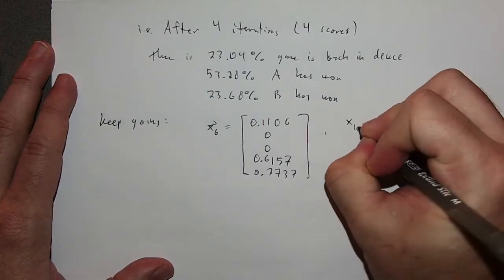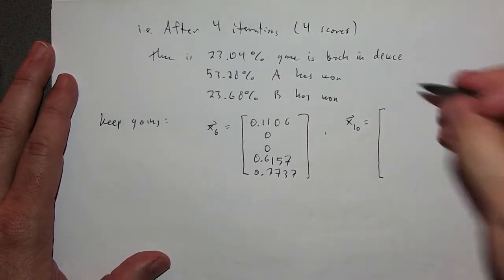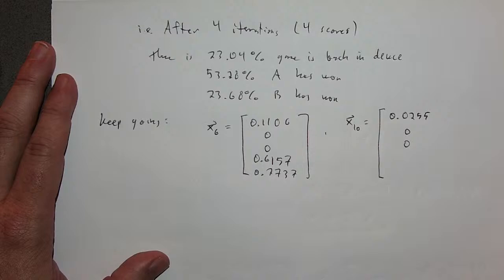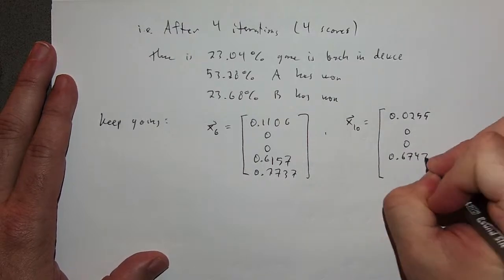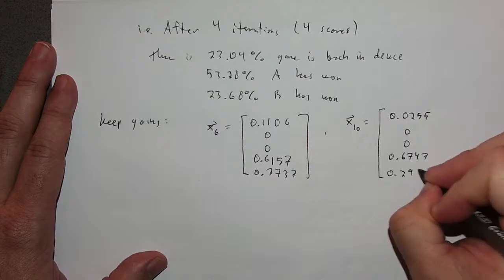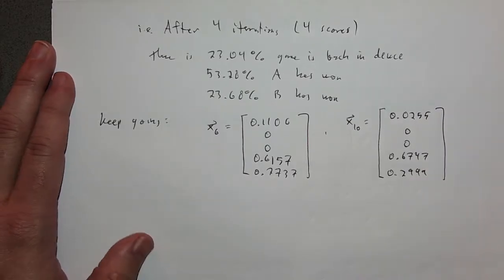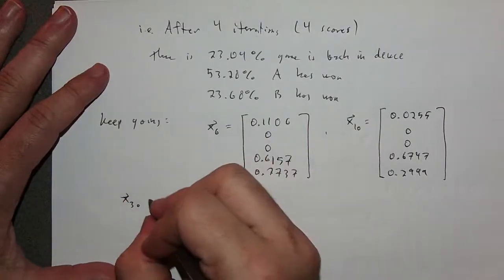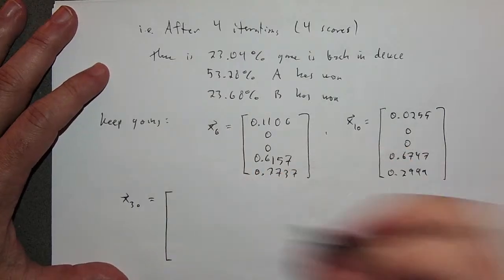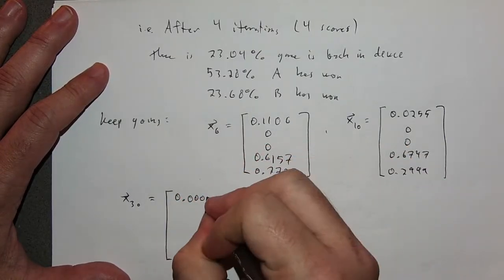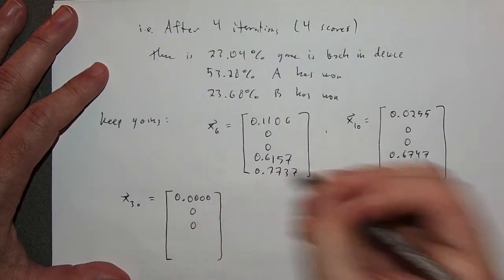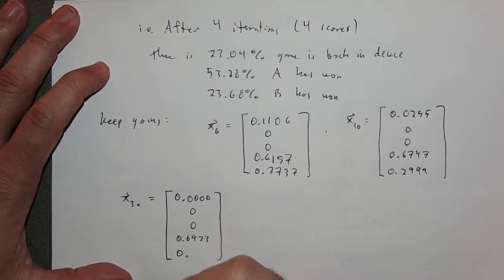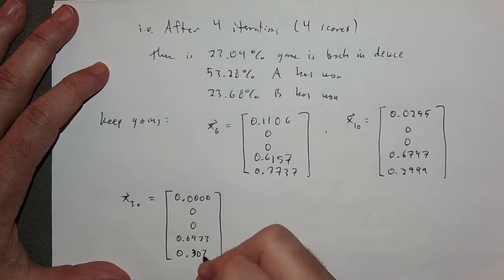X sub 10 is 0.0255, 0.6747, 0.2999. And then lastly, maybe we'll check here at the 30th iteration. This is 0.6923 and 0.3077.